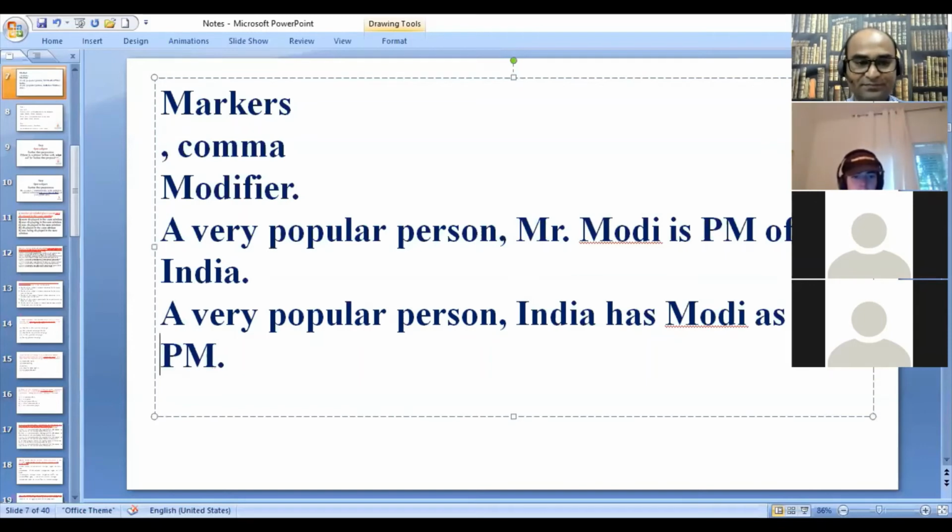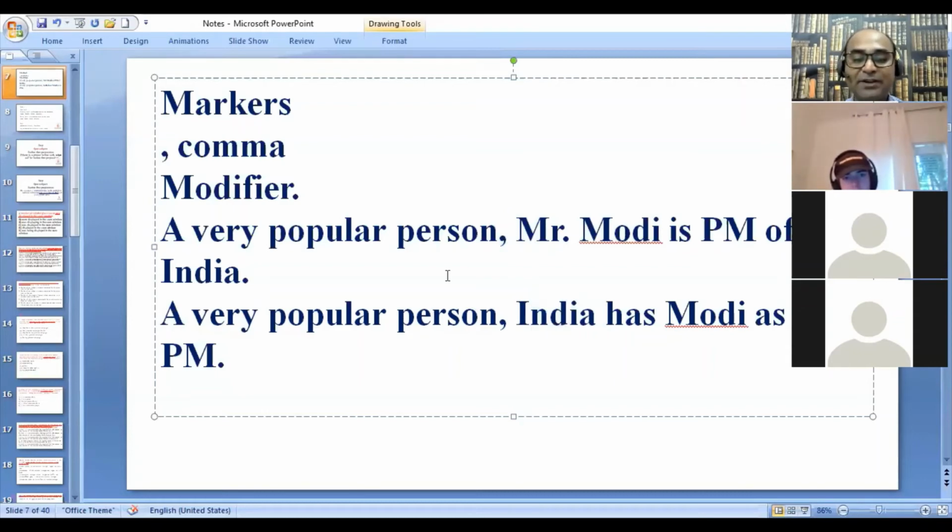Doesn't make sense. You know why not making sense? Because it's a popular person. That is called modifier error. Whenever you find an underlined word near a comma, it means it can be a test of modifier.